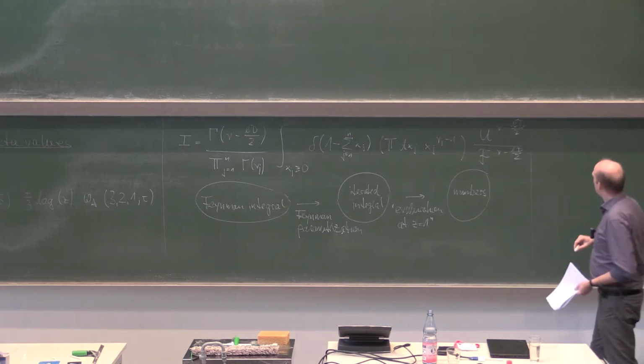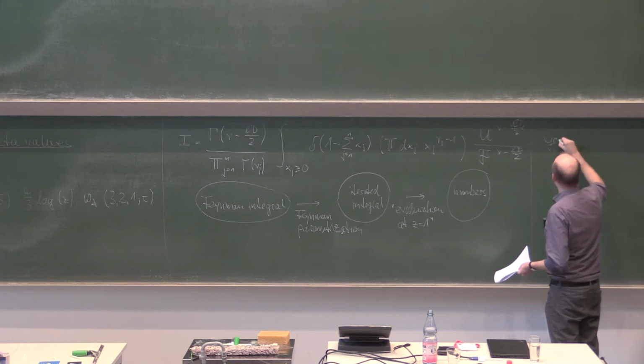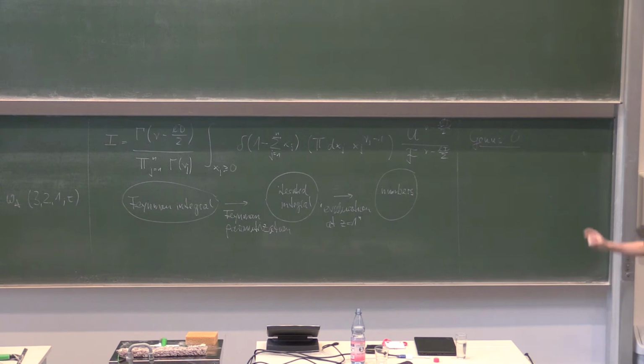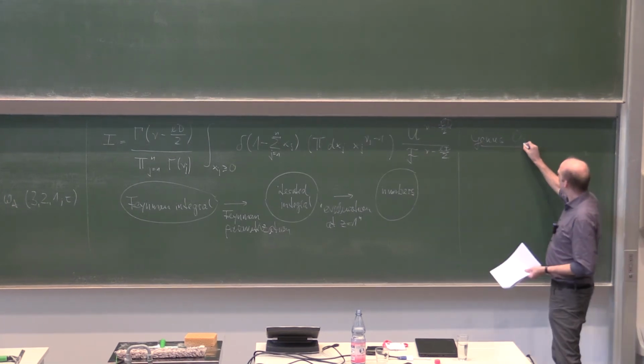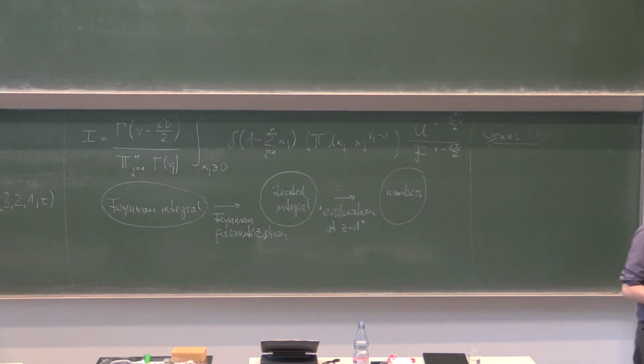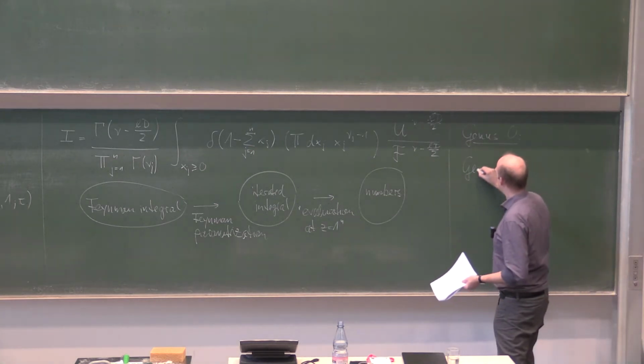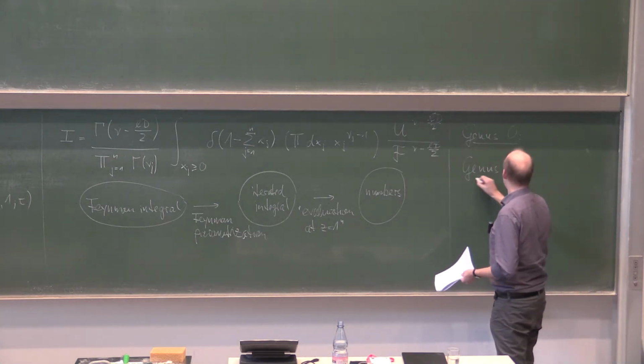Now, what is the outline? I'll start with genus 0, and of course you know what genus 0 is. It sounds like a very strange way of dividing the lecture into 2 parts, because the second part will be genus 1.